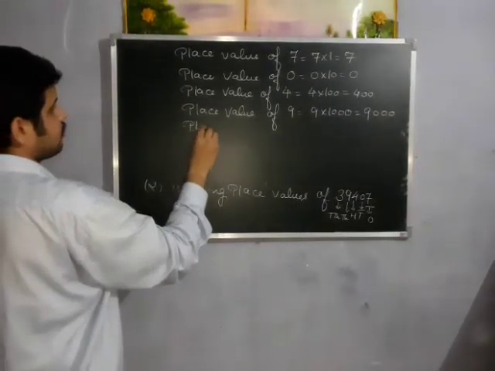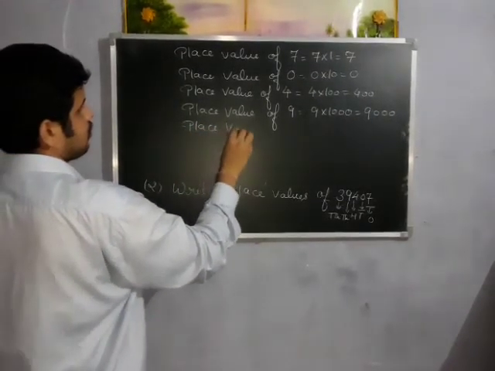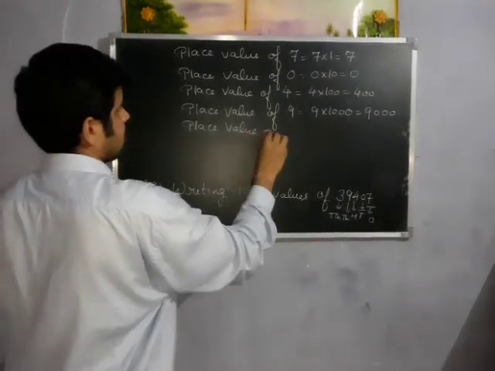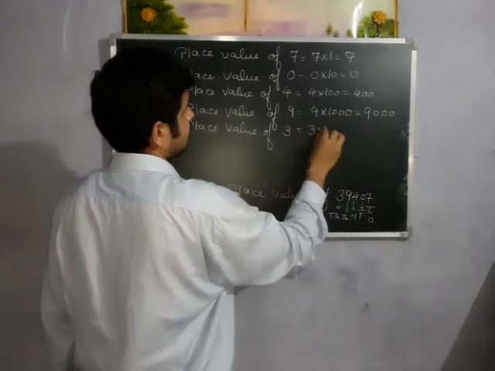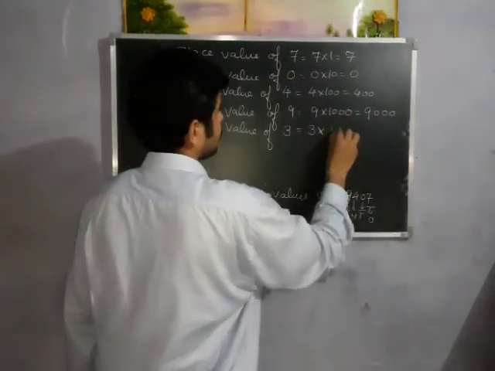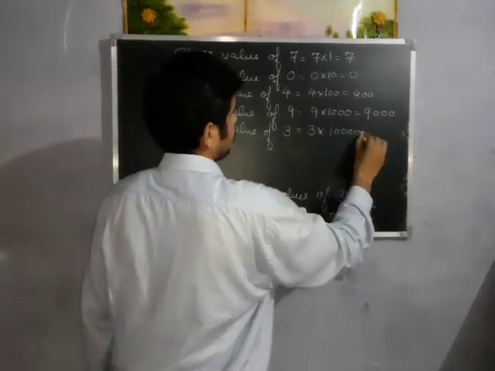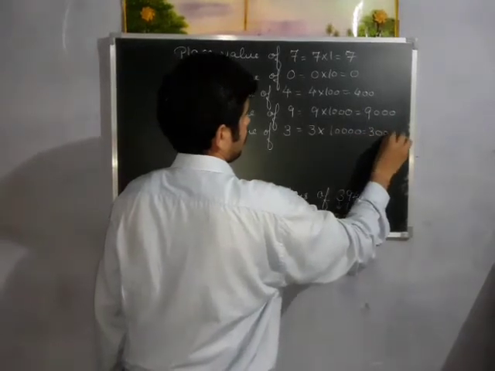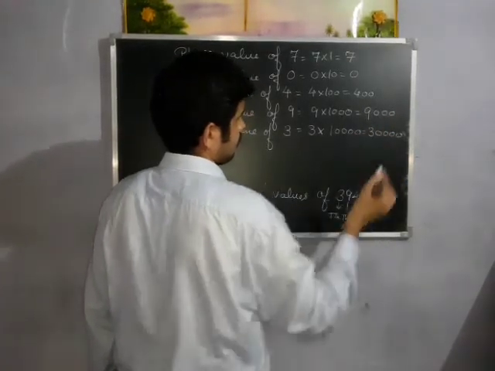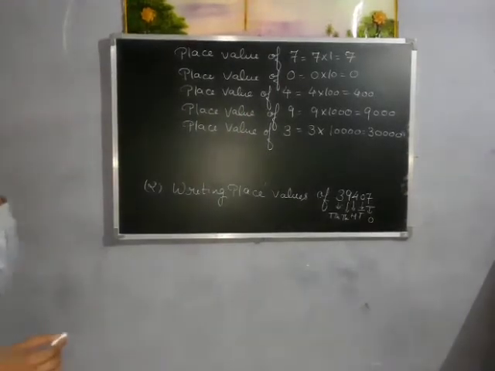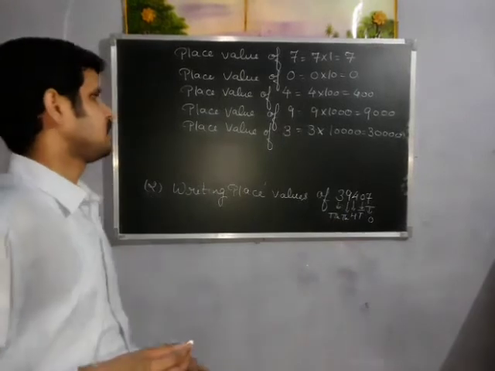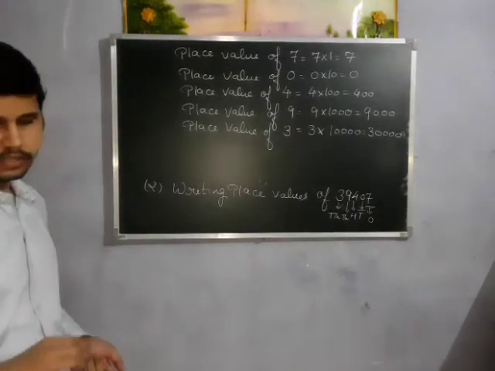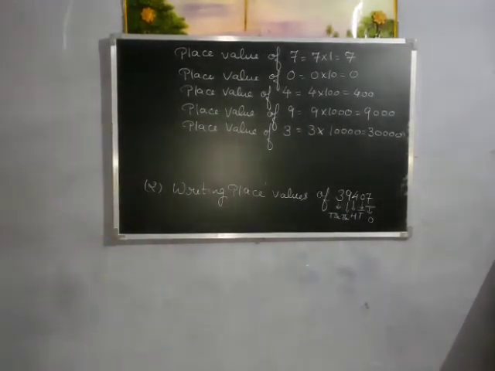Place value of 3. 3 multiplied by 10,000, because 3 is at 10,000s place. So this is your second step, students, writing place values.